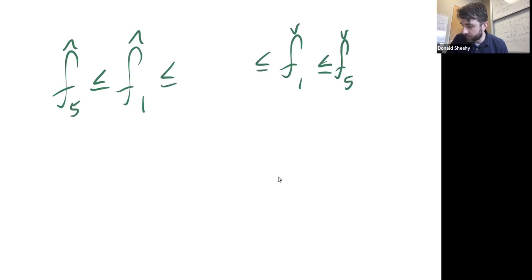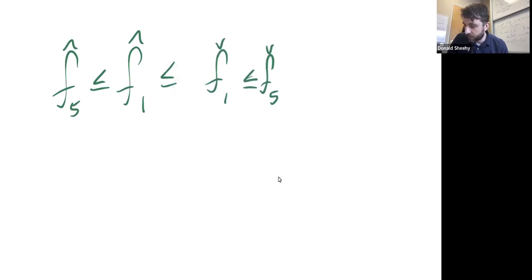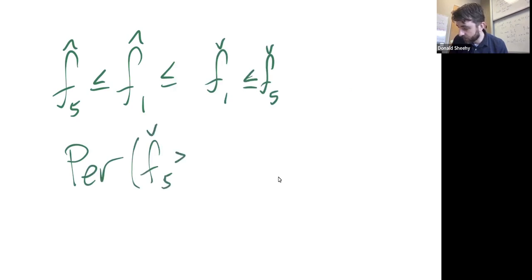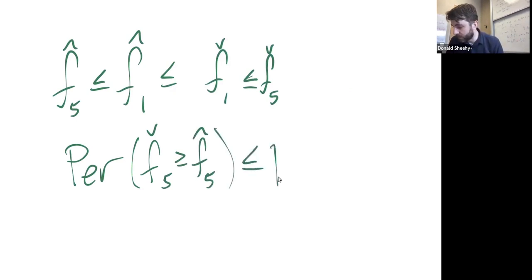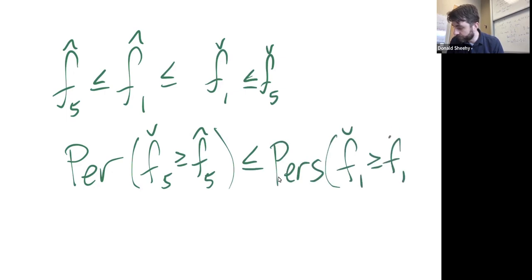Actually, let me not even put F in there. What happens is that the persistence of the computation I get on the 5 is going to be a sub-barcode for the smaller Lipschitz constant, because it factors through this.